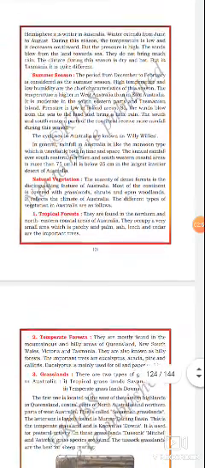The period from December to February is considered the summer season in Australia. High temperature and low humidity are the chief characteristics of this season.